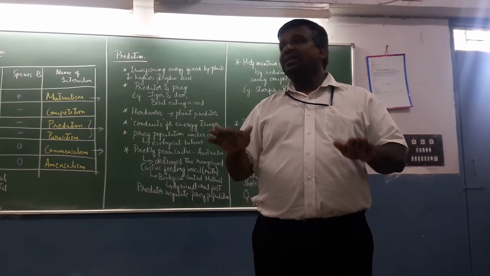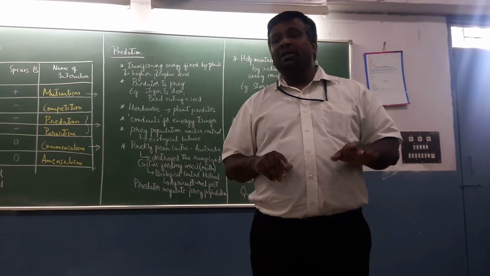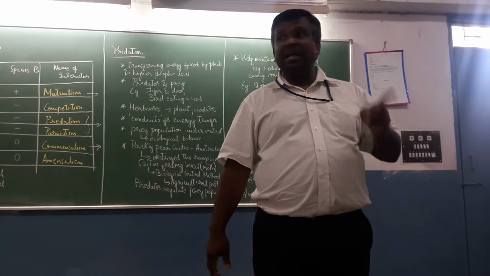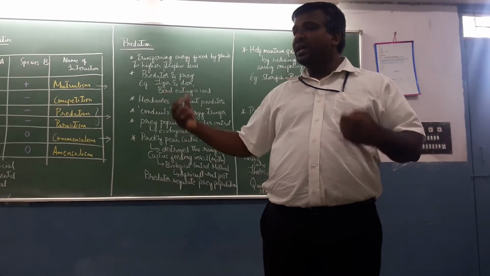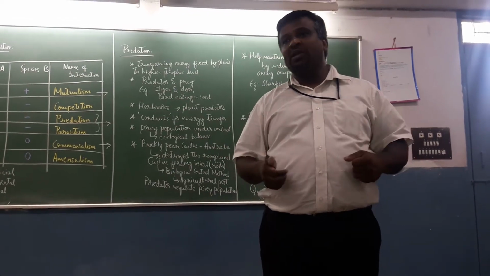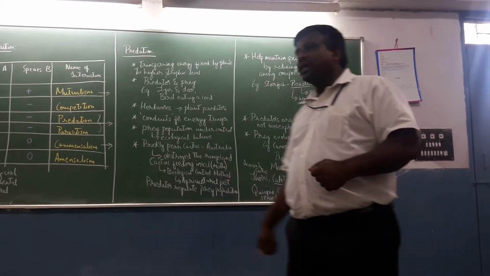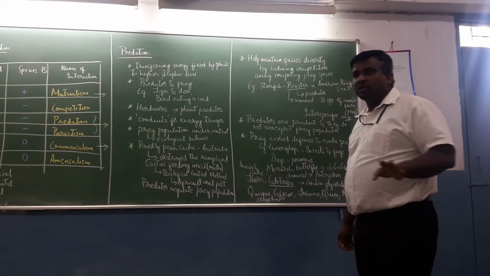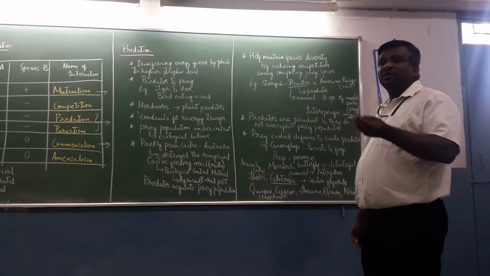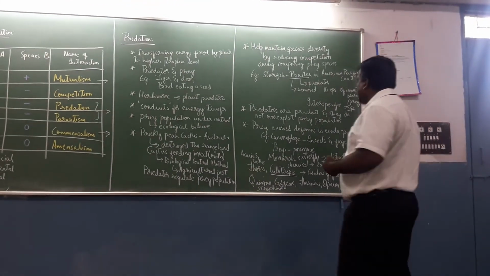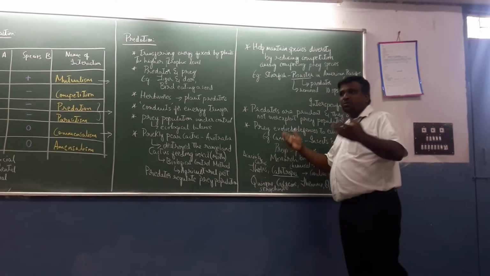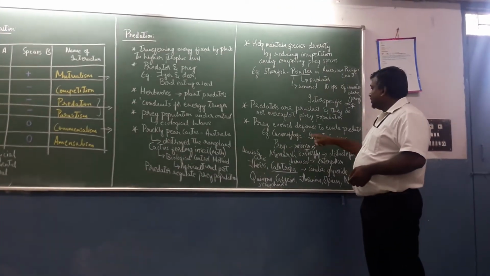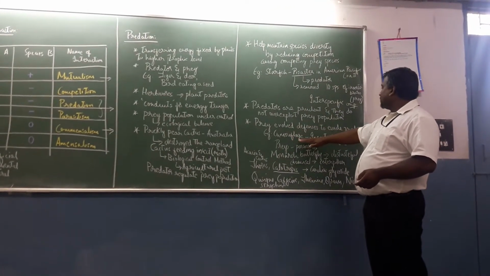Both of them are required in nature, prey and predator. So they are never greedy. Only when they require food, they hunt the animal and feed on it. They don't hunt animals for sport. They hunt animals for food. That you have to understand. That's the reason black buck was more in number. Okay. So that is one aspect.